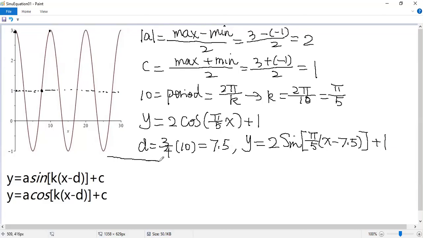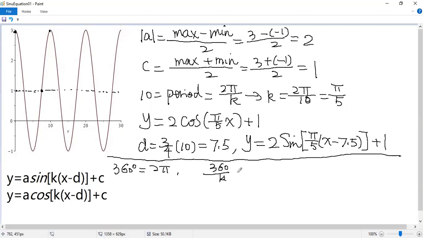We can also use degrees. We know 360 degrees equals 2 pi. So we see 360 over k equals the period, which is 10. So k equals 360 divided by 10 equals 36.